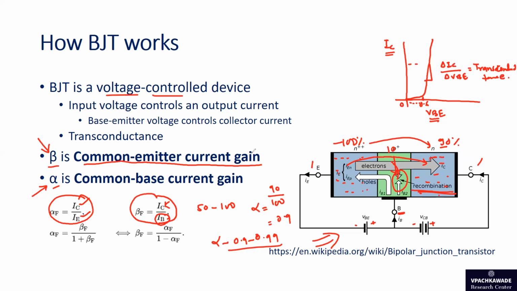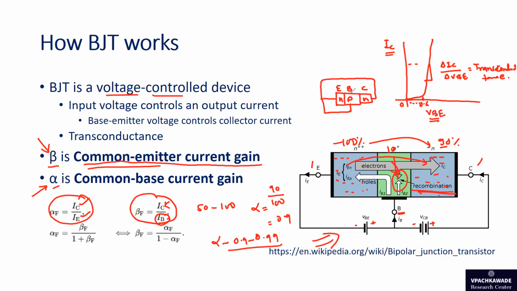But if you configure your transistor in a common emitter configuration, where the emitter is common, for example, let's say you have this NPN transistor, and this is your emitter, this is your base, and this is your collector, and make the emitter common to the terminals like this.